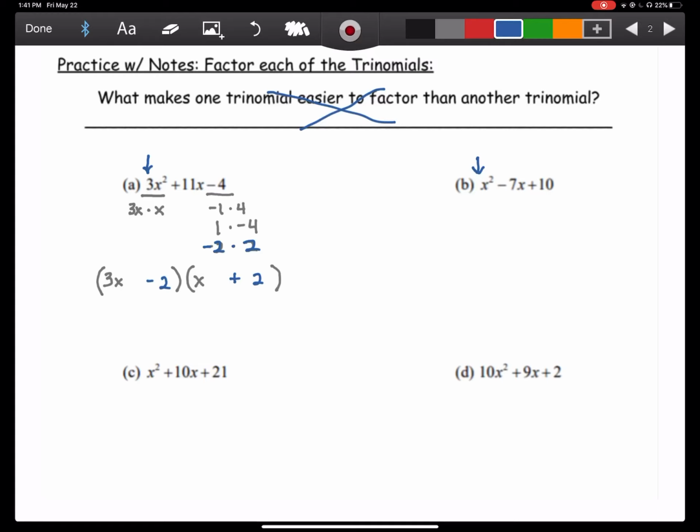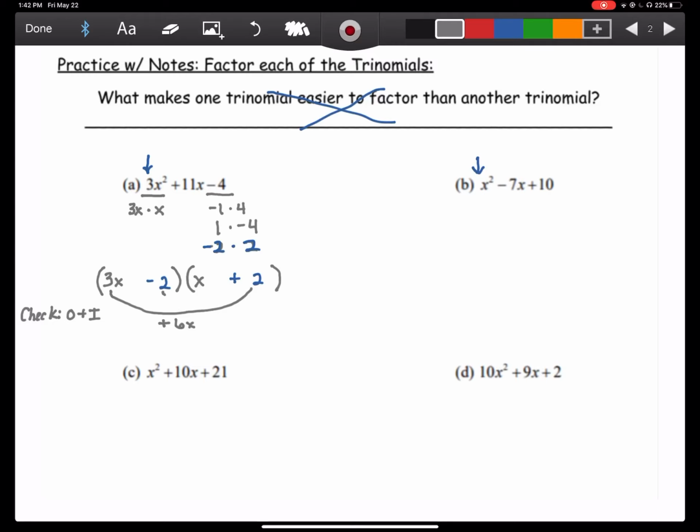Now remember what Kurt said. It's really a matter of just checking the O plus the I. So off to the side here I'm going to write a note that says check O plus I. And again, I'm referring to FOIL. When the outer times the outer happens, we get 3x times +2, which is really +6x.